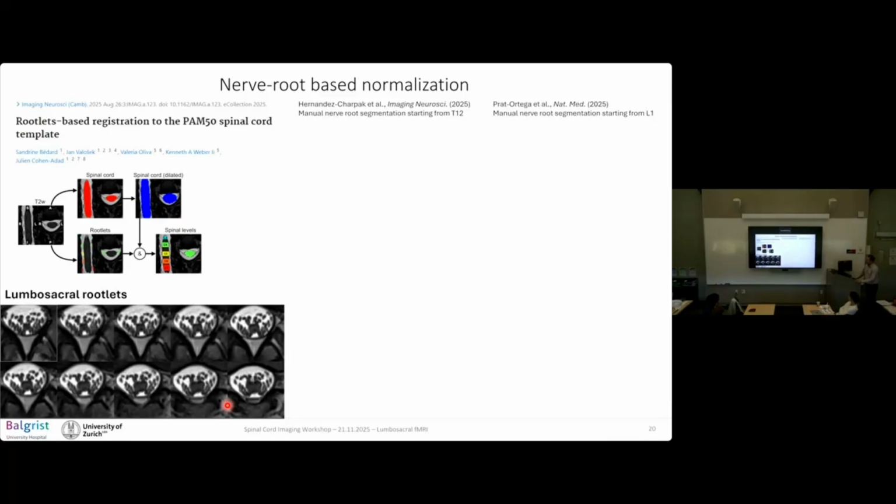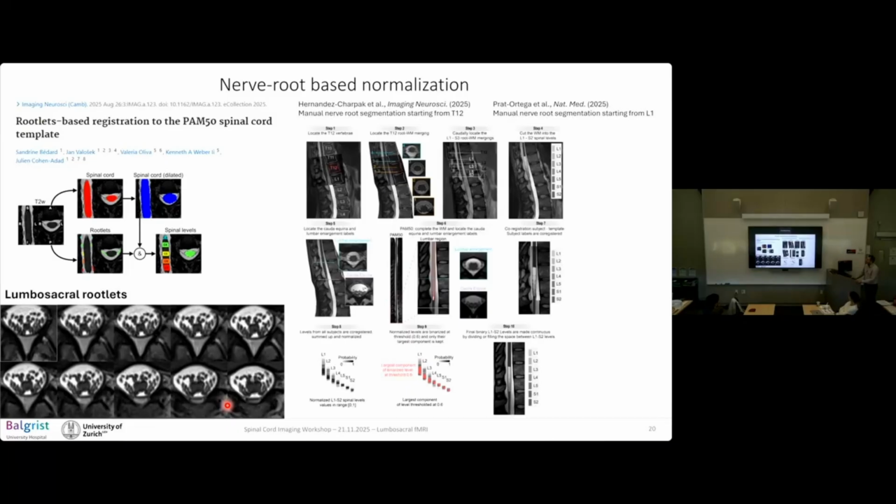But still, two groups attempted to do that. The first study, from Dimitri's group, even provided a recipe for how to do that, but just very quickly, first they find the T12 rootlet. So this is the rootlet that exits just below the T12 vertebra.